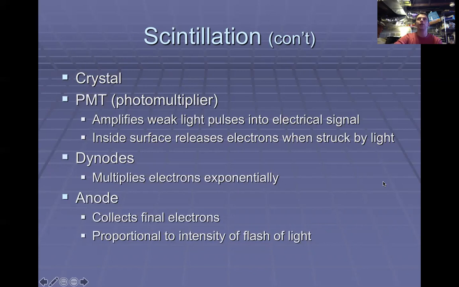because when a photon interacts with a crystal, the amount of light that it produces will be proportional to the energy deposited in that crystal. So if you have photons that are losing all of their energy in that crystal, you will get a good idea of the energy of that photon, because these interactions are taking place very, very quickly. So you get these flashes of light of varying intensity.